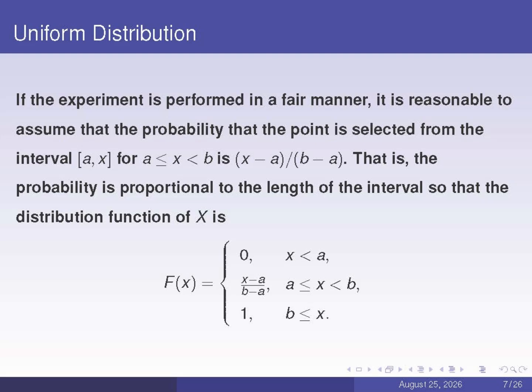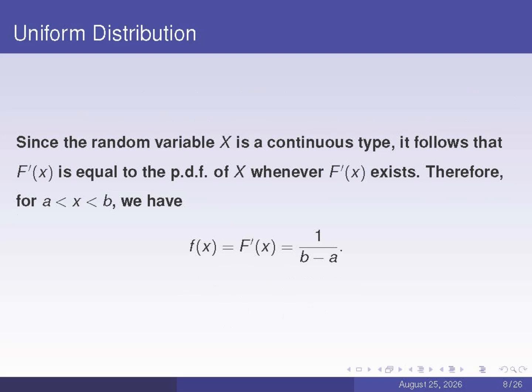Therefore, the distribution function of the random variable X can be described as the final mathematical expression. Since this random variable is continuous, when its distribution function F is differentiable, its derivative is the probability density function f. Therefore, we obtain the last line.